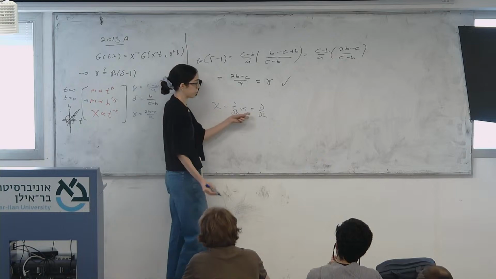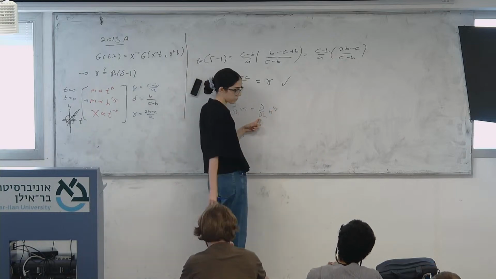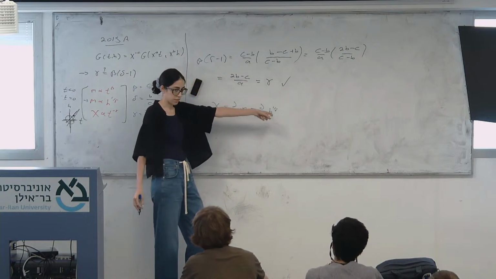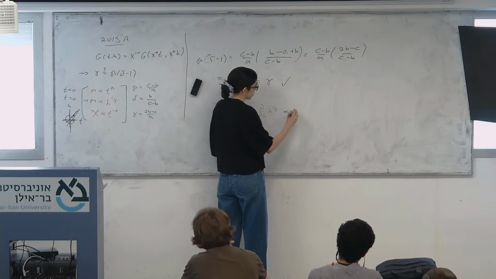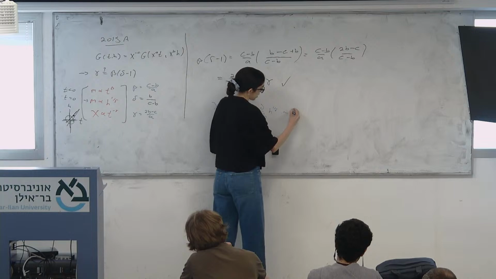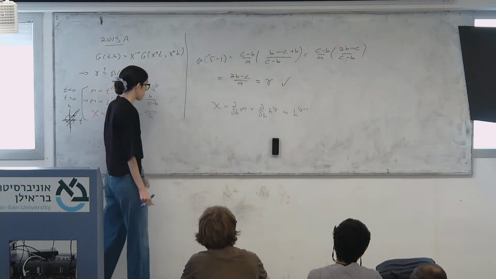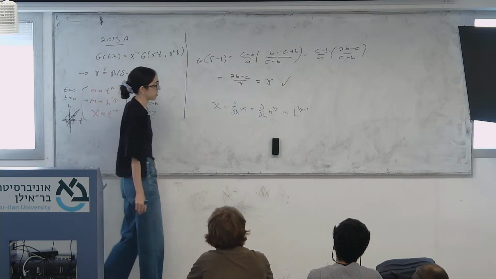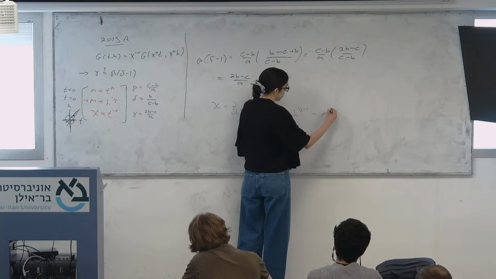The susceptibility is the derivative of H to the 1 over delta, because I know how the magnetization depends on the field. So this gives me something like H to the 1 over delta minus 1. Now I switch back to the magnetization, so this is equal to M to the 1 minus delta.